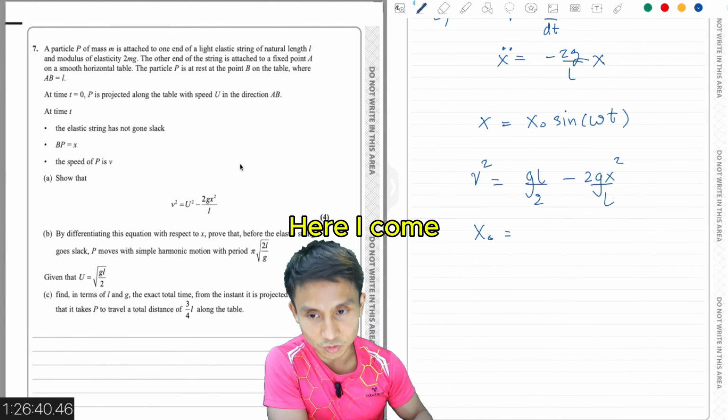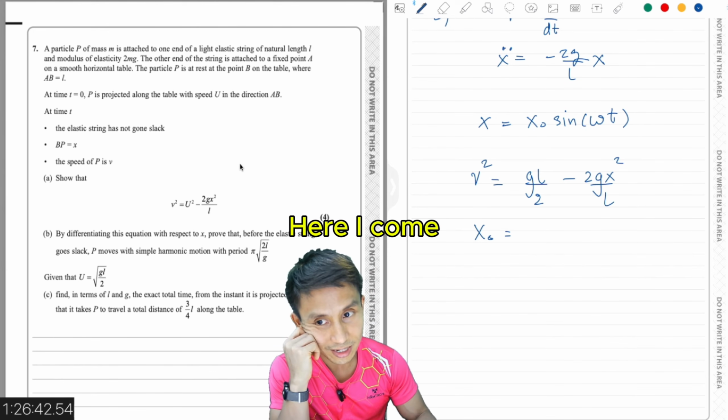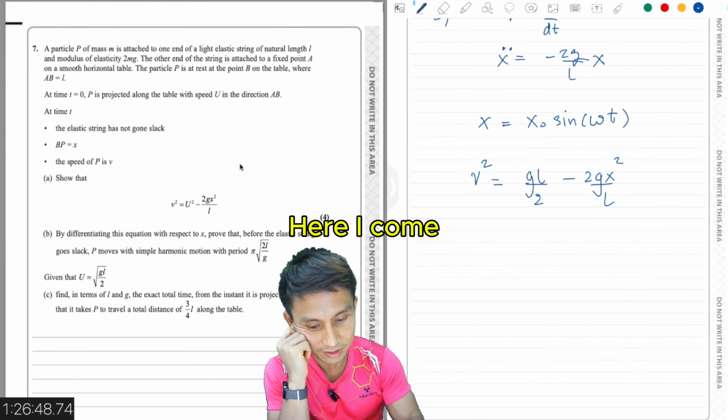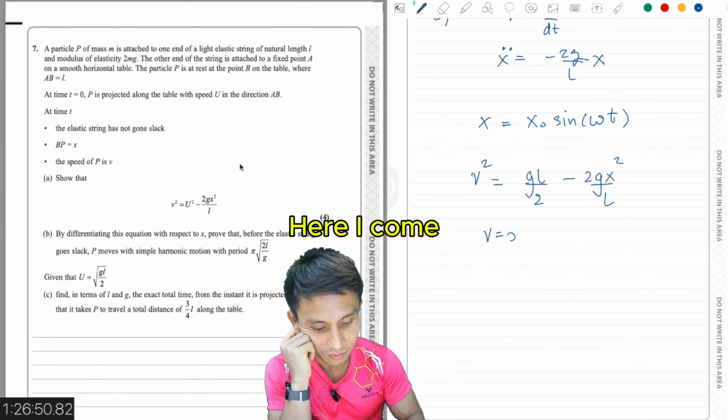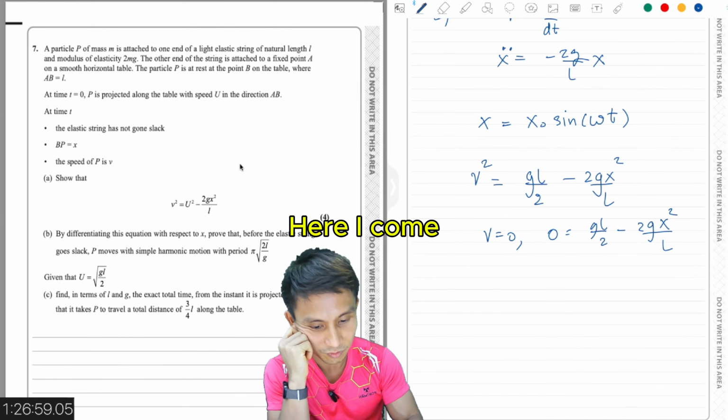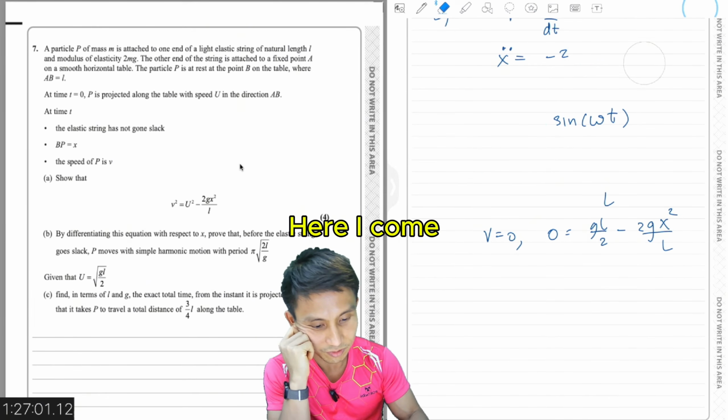So the amplitude will be when the kinetic energy is out. So amplitude is when v is 0. So we put v is 0 to find the amplitude. So 0 equals v squared, which is gl over 2 minus 2gx squared over l. That will give us the amplitude, guys.